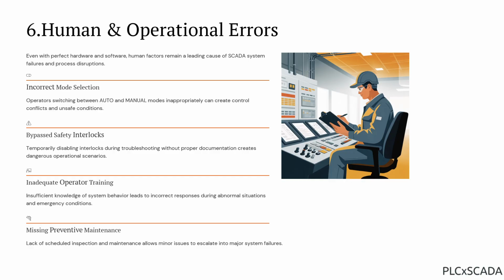Common mistakes: incorrect mode selection during operation, bypassed safety interlocks to push production, ignoring warning alarms, operators not trained to handle alarms in the system, system left with the default password or password sharing with other operators, and less importance given to preventive maintenance and preventive actions.